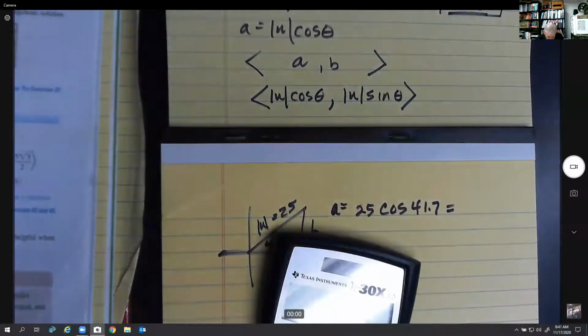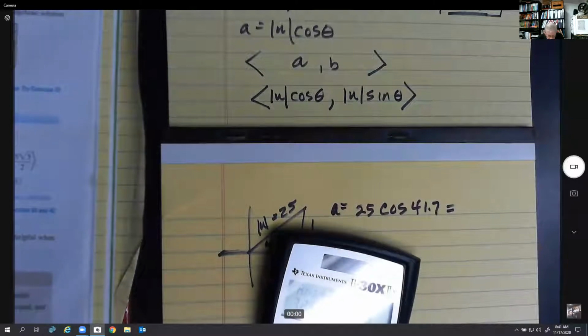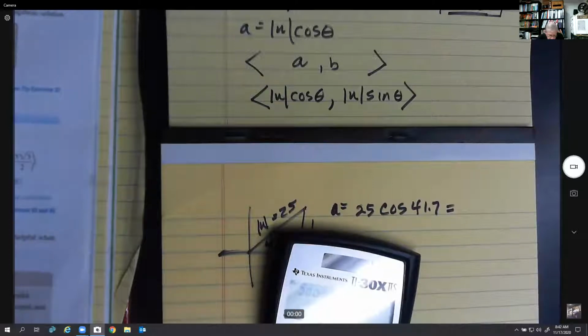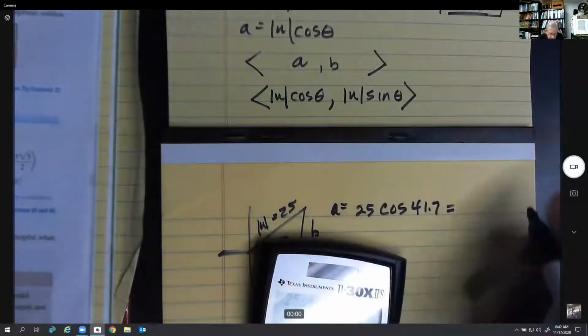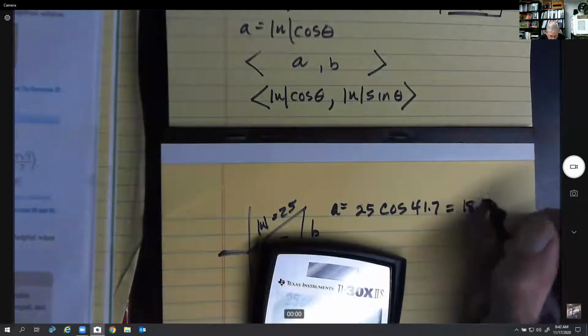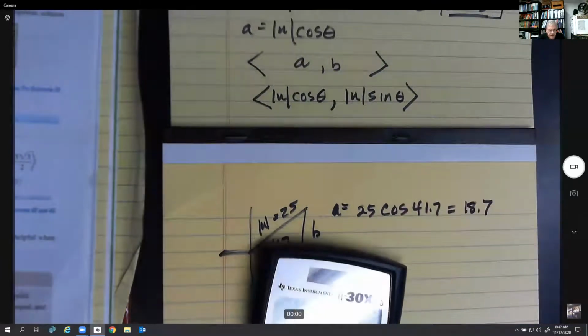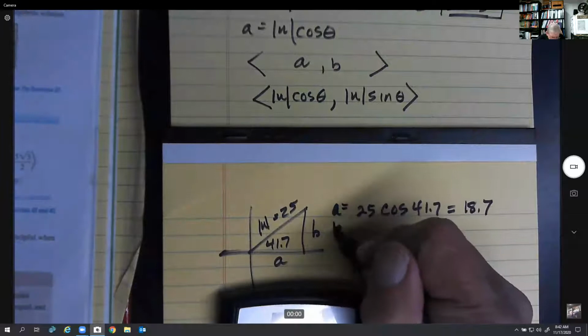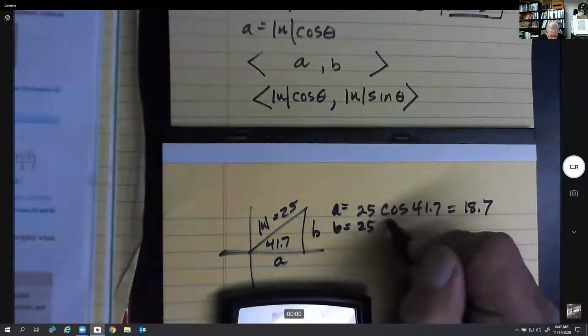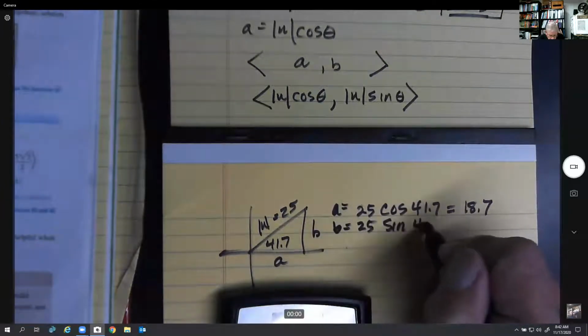So 25 times, just a little faster way of doing it, 25 times the cosine of 41.7 is about 18.7. We're rounding off. Okay. And then I want to find B. So it's going to be 25 times the sine of 41.7.